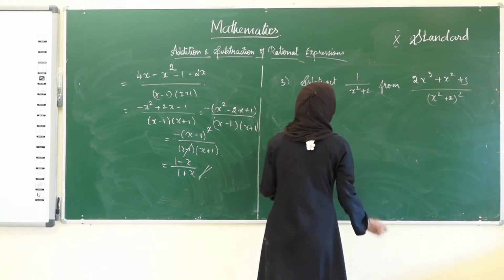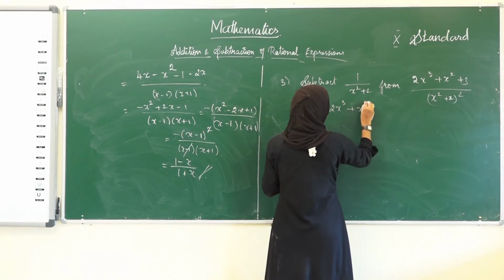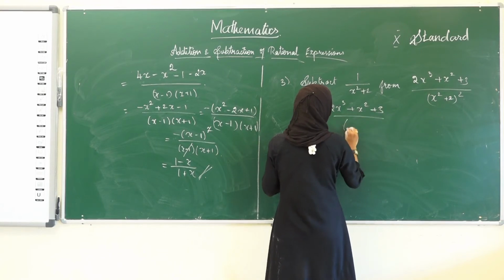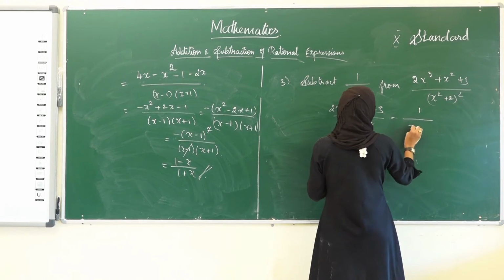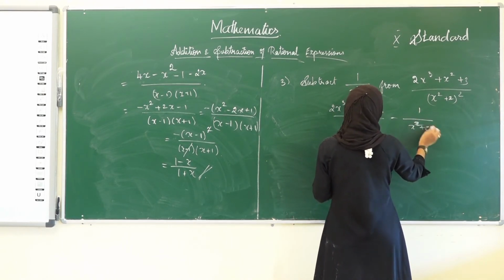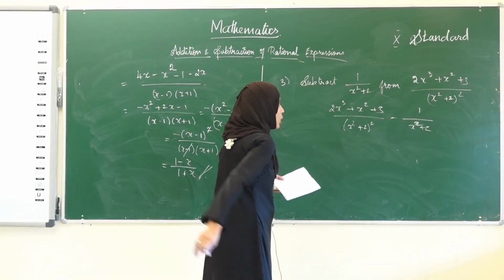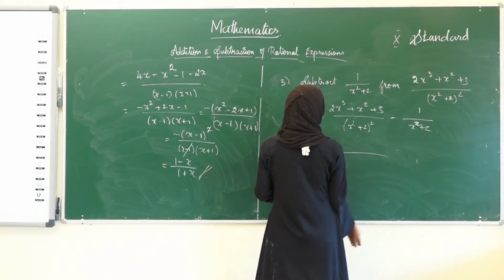Okay, we have to subtract this term from this, that is it changes like this: x square plus 2 the whole square minus 1 divided by x square plus 2. See the denominator, it is not the same denominator, therefore for the denominator we have to take the LCM.